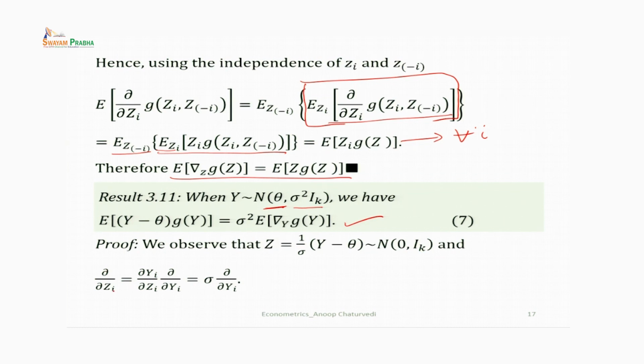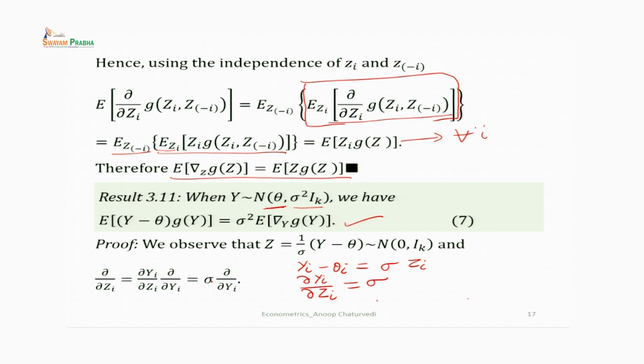And then we also observe that del over del z i is equal to del y i over del z i times del over del y i, and del y i over del z i is equal to sigma. Now, notice that y i minus theta i is equal to sigma z i. So, del y i over del z i is equal to sigma.